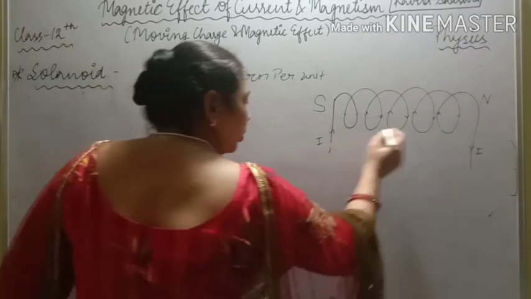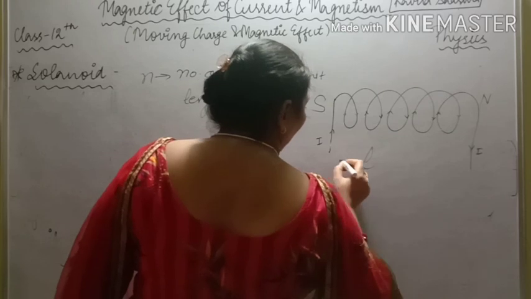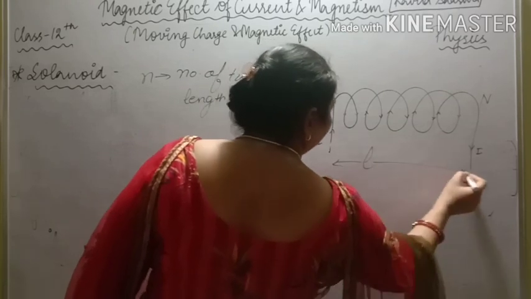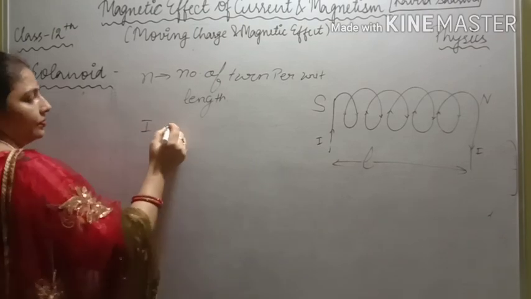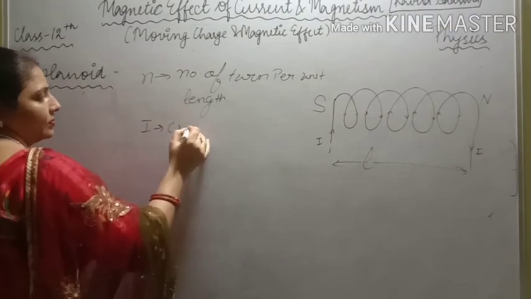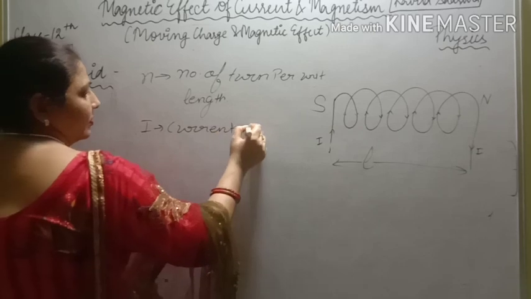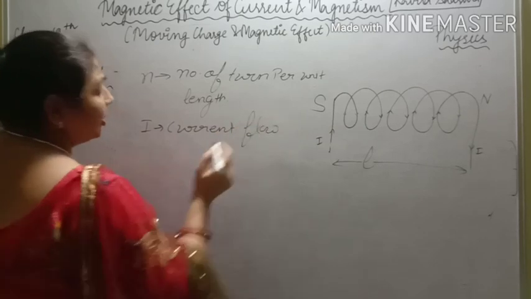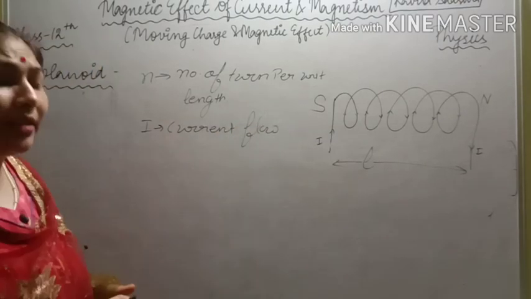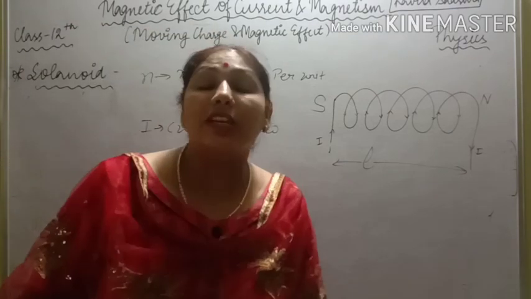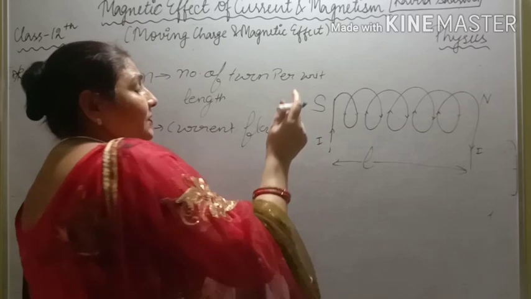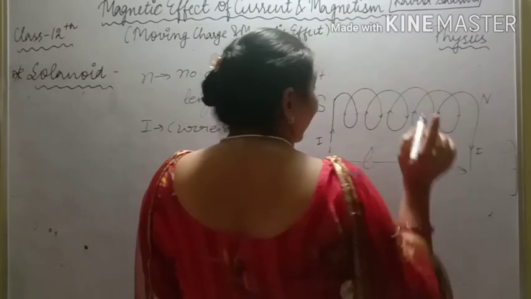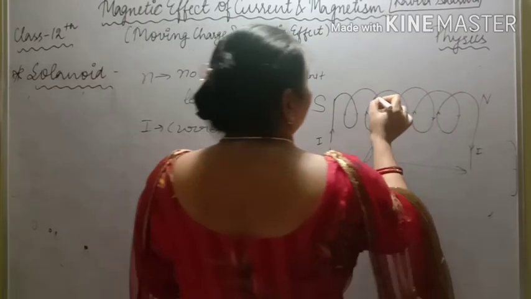L is the length of this solenoid, you can say that, okay, and I is the current flow. If we want to represent the magnetic field lines, then magnetic field lines have the direction from north to south, right? And in this we have the direction, they are in concentric form.